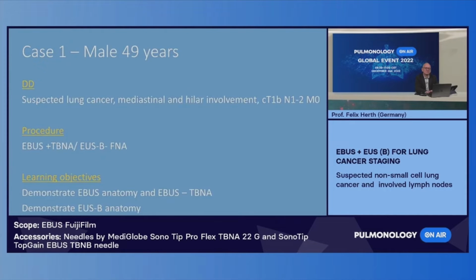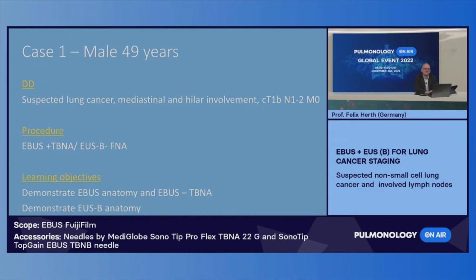Next slide. Based on radiology and the clinical characteristics, it's a case of suspected lung cancer in the right upper lobe with possible N2 involvement, which would qualify for a stage 3A non-small cell lung cancer.